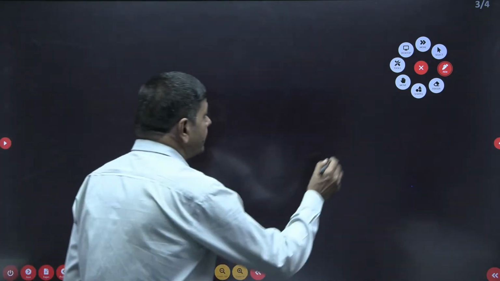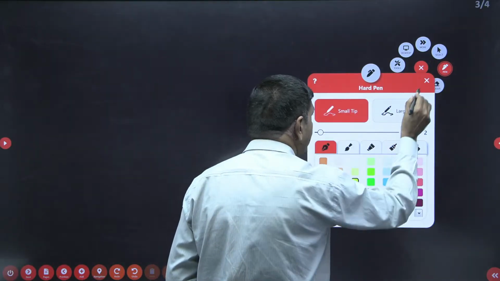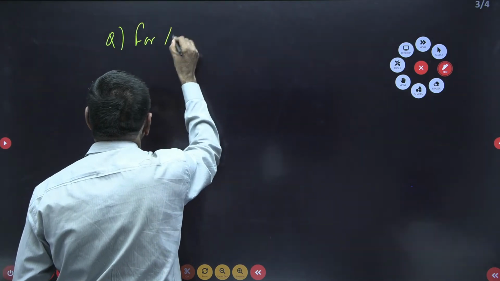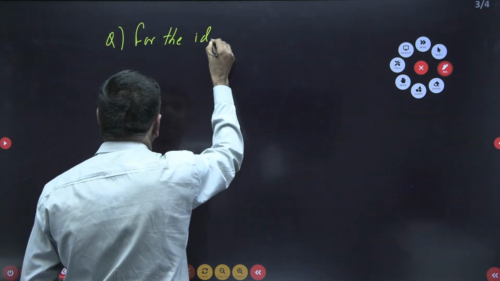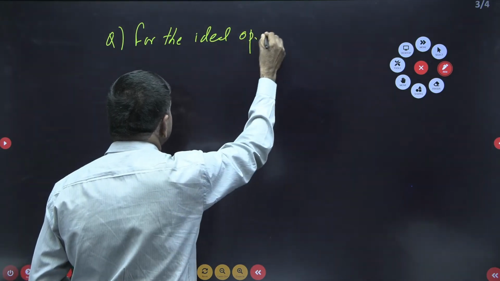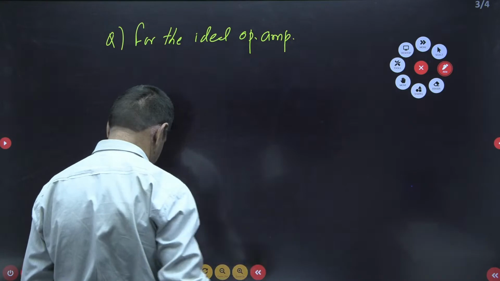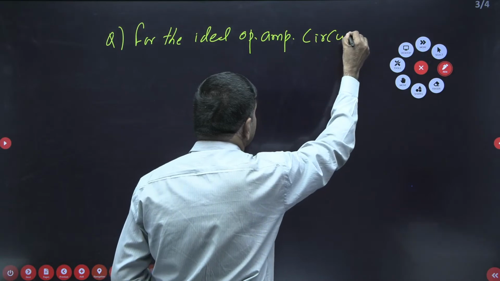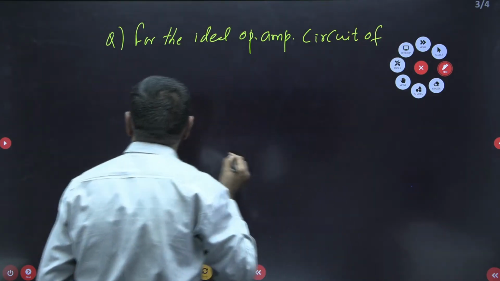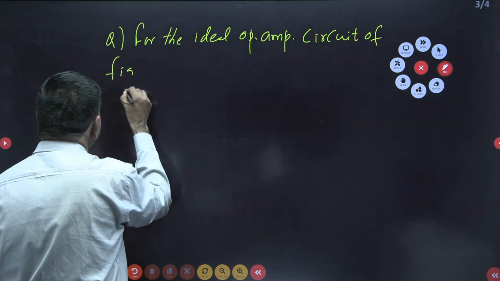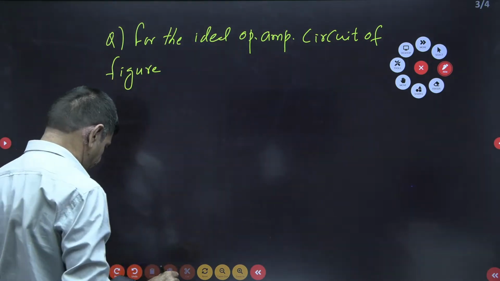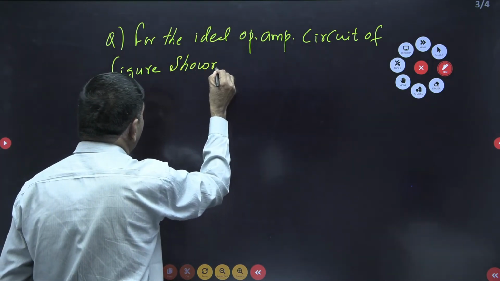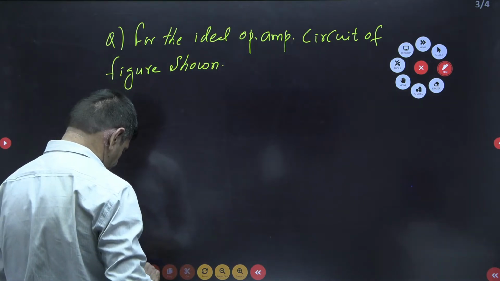For the ideal op-amp circuit of the figure shown, what is the problem asking?